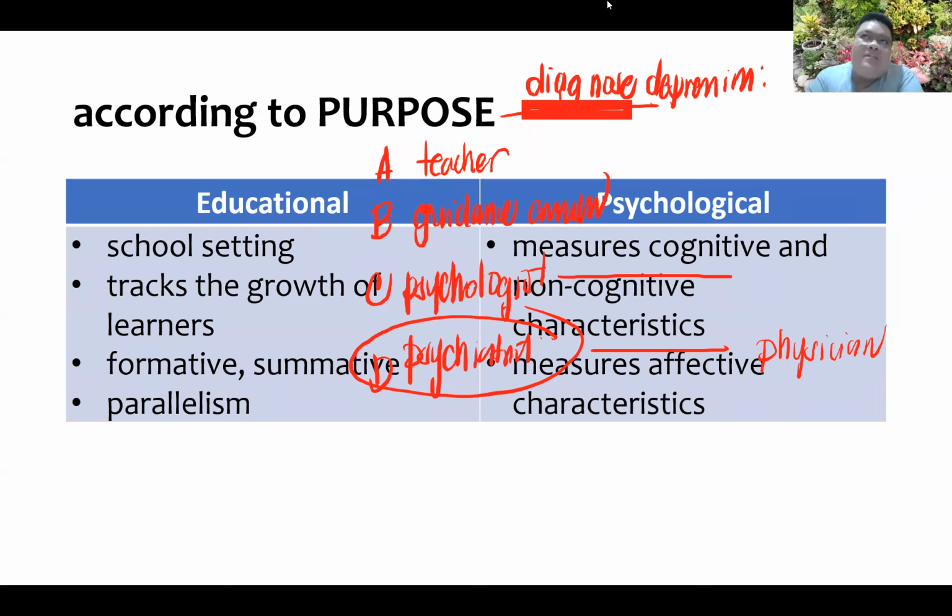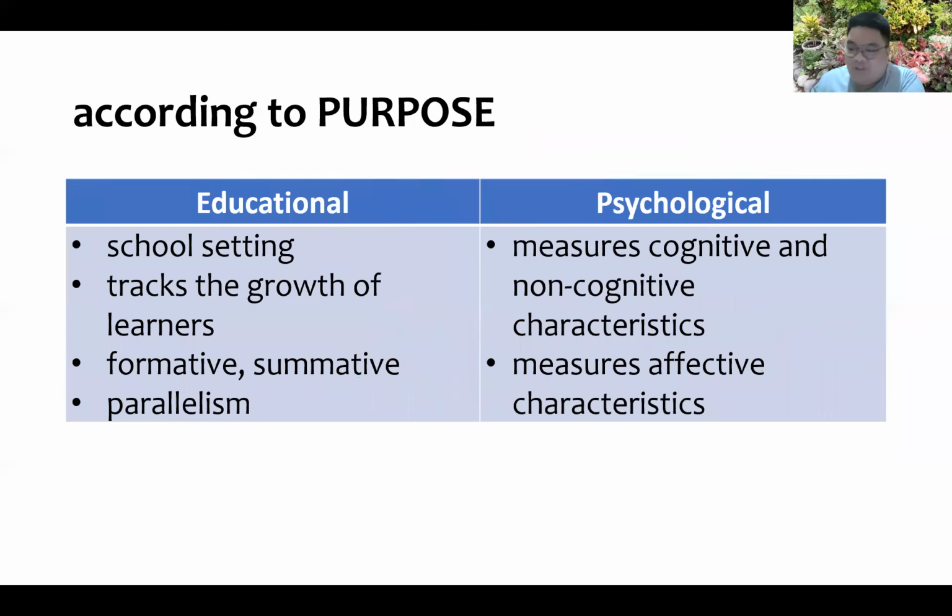Okay. Now, if you would encounter the profession of psychometricians, your psychometricians, class, are best at administration of standardized examinations. Okay, they also aid the psychologist and the psychiatrist, but still it's the psychiatrist who has the license to diagnose. Okay, it's not in our role as teachers.